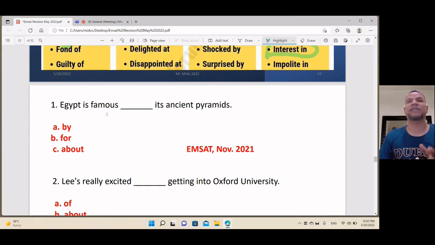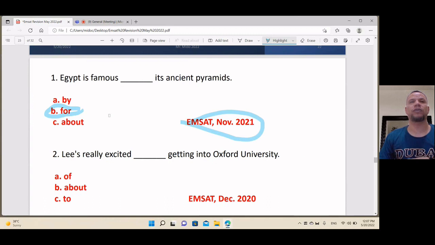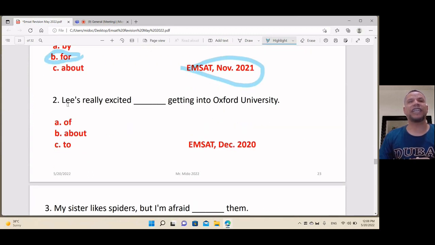Egypt is famous for its ancient, meaning old, pyramids. This is EmSAT November 2021. Yes, famous for. How do you know? You have to keep that. Famous for. Good. Next. Lee's really excited.